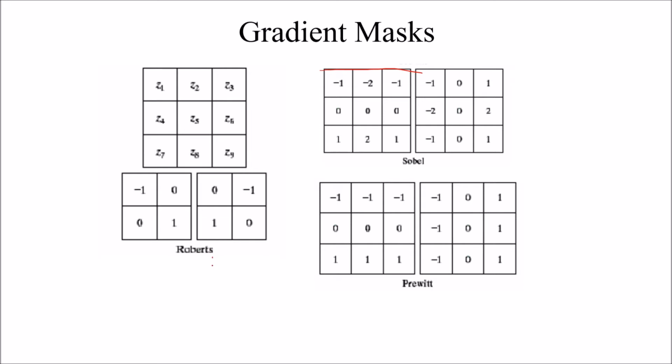The first one is the Roberts, whose dimension is 2 by 2. The second one is the Sobel operator, in which the dimension is 3 by 3. And the final one is the Prewitt, which has the same 3 by 3 dimension.